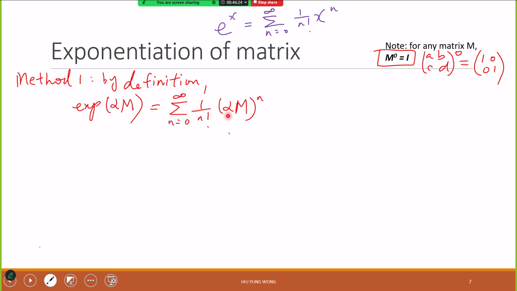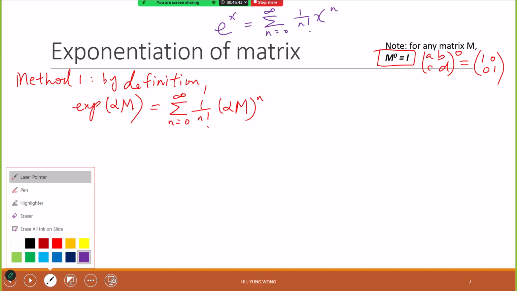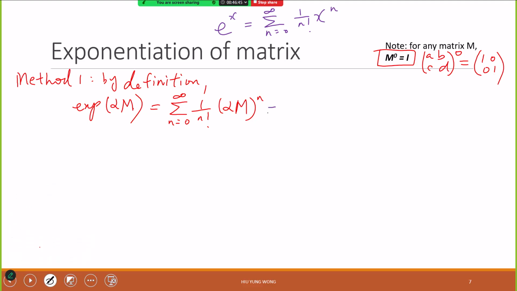It's exactly the same. Here x is a real number or a complex number. Here M is a matrix. By definition, it is the same. The summation is an infinite sum. Each term is weighted by 1 over n factorial, and then times alpha M to the power n. So what does it mean? Now remember, we start with n equal to 0.